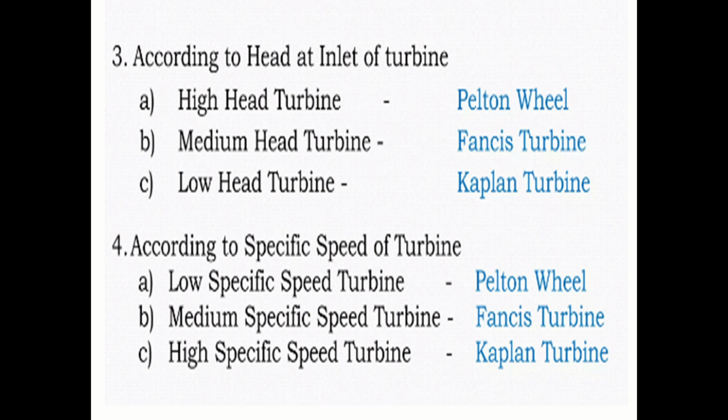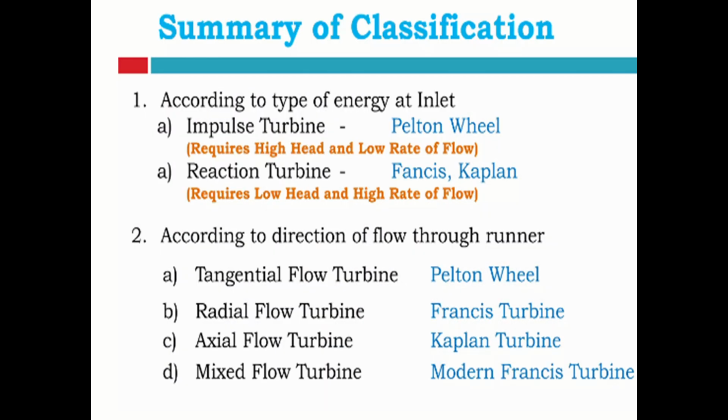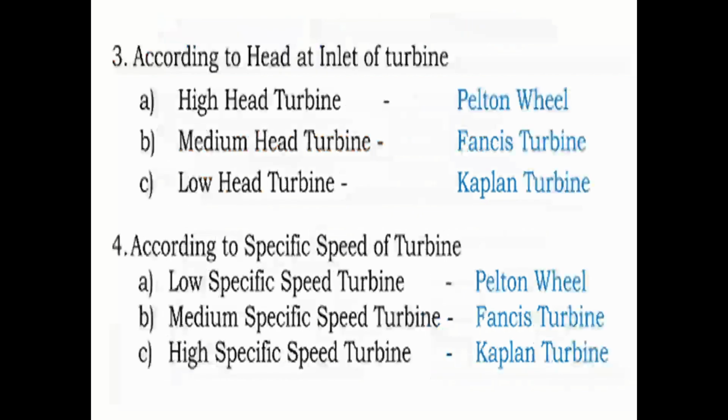Okay, students. So this classification is very, very important. When you understand this classification, when you go into the details of each turbine, you will understand very clearly about each type of turbine. Okay, so all these are very, very important.